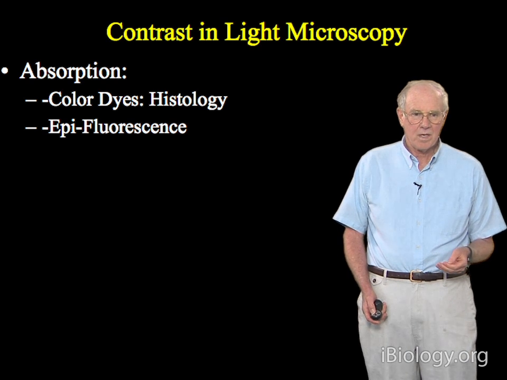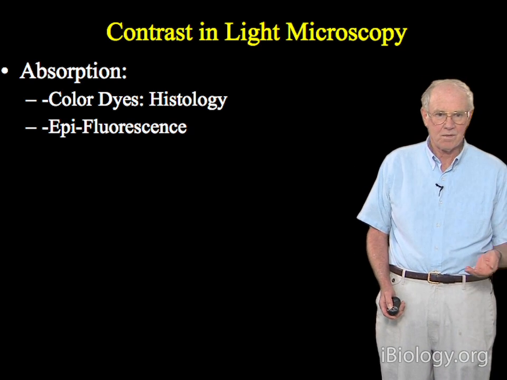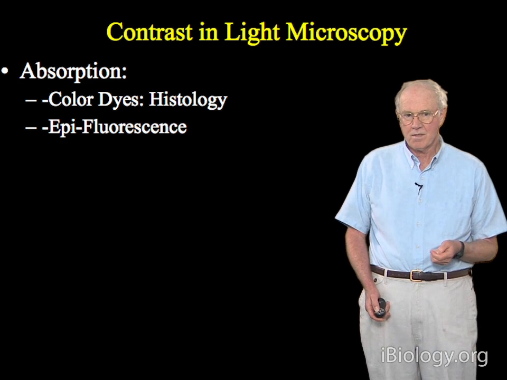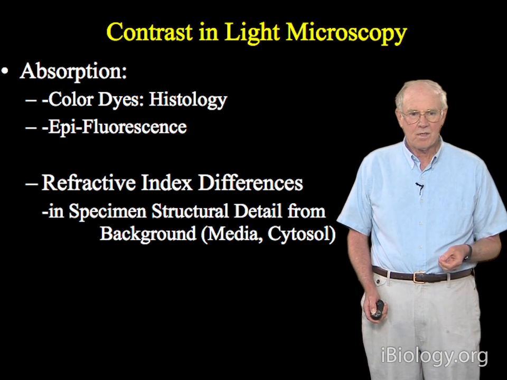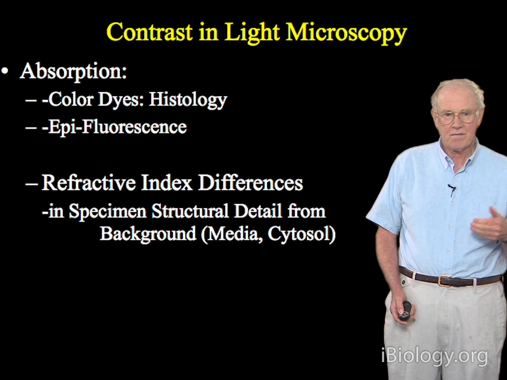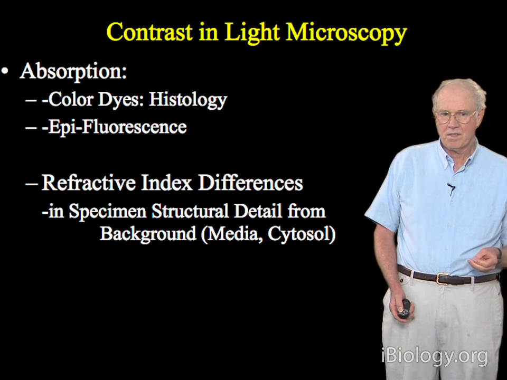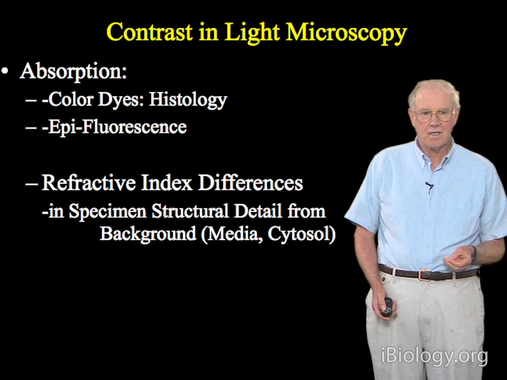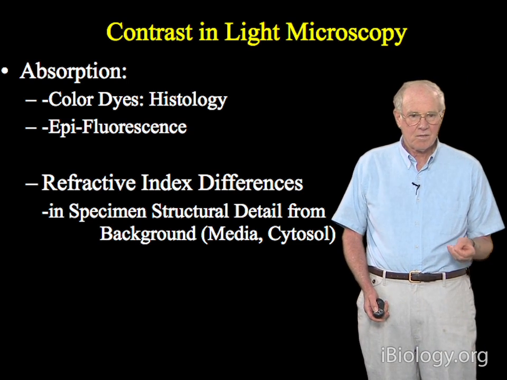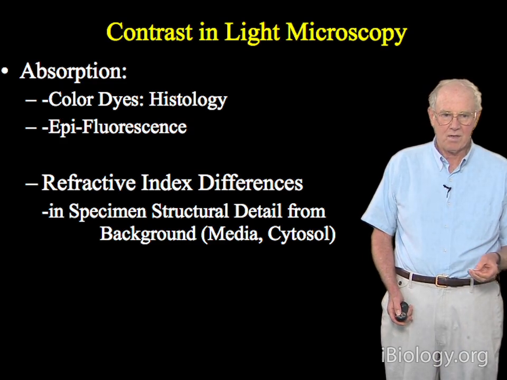And the modern way is to use epifluorescence with fluorescent probes and genetically encoded fluorescent probes to generate contrast. But equally important are mechanisms for generating contrast, particularly for live cell imaging, that are based on refractive index differences in specimen structural detail between that structural detail and the background, whether it be the media or the cytosol.